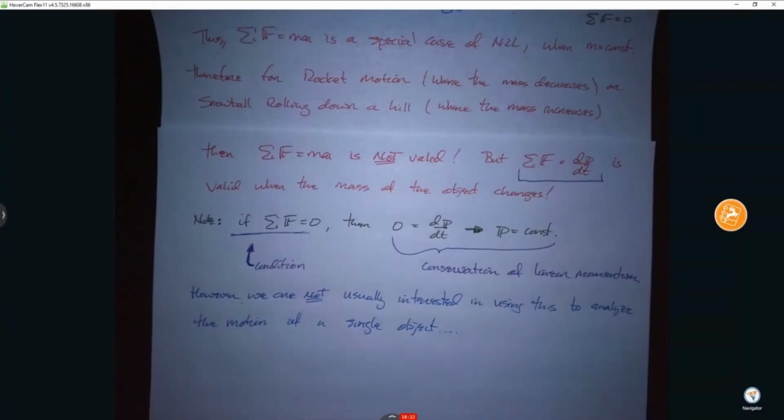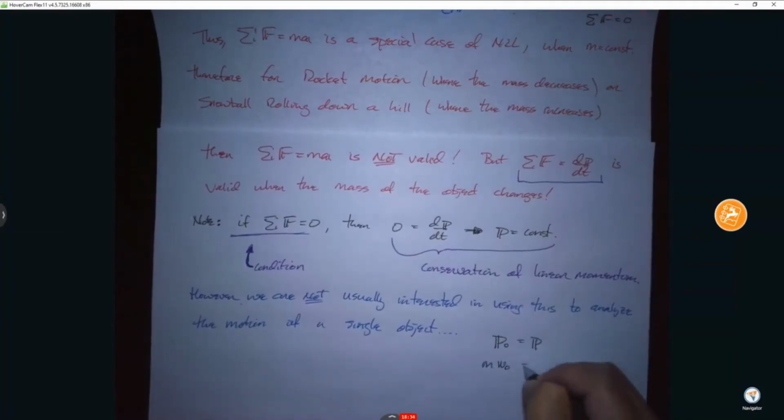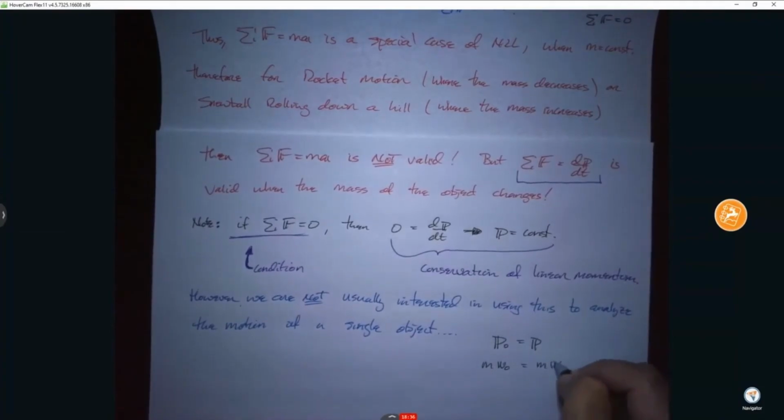If the initial momentum is the final momentum, then the mass times the initial velocity is the mass times the final velocity, and because for most objects the masses don't change, the implication is that the velocity is constant. If you have a changing mass, then we get things that are a little more interesting, but usually we don't have those. Those are special cases in some sense.